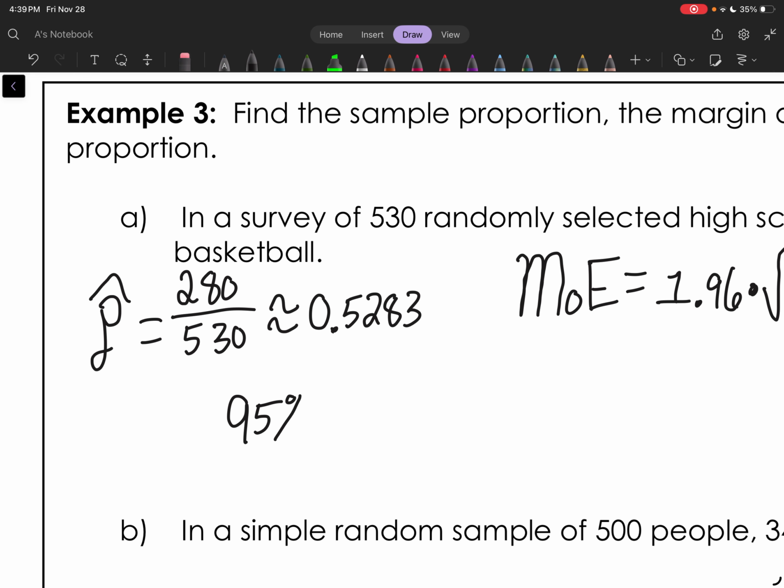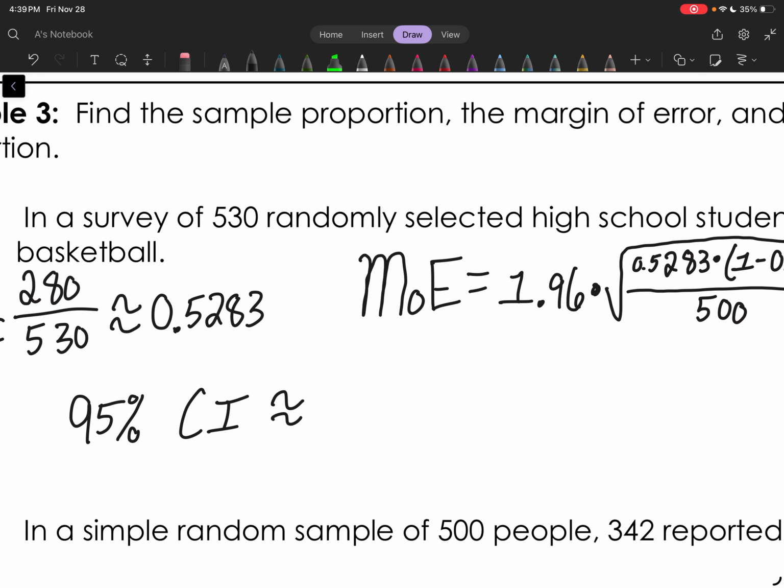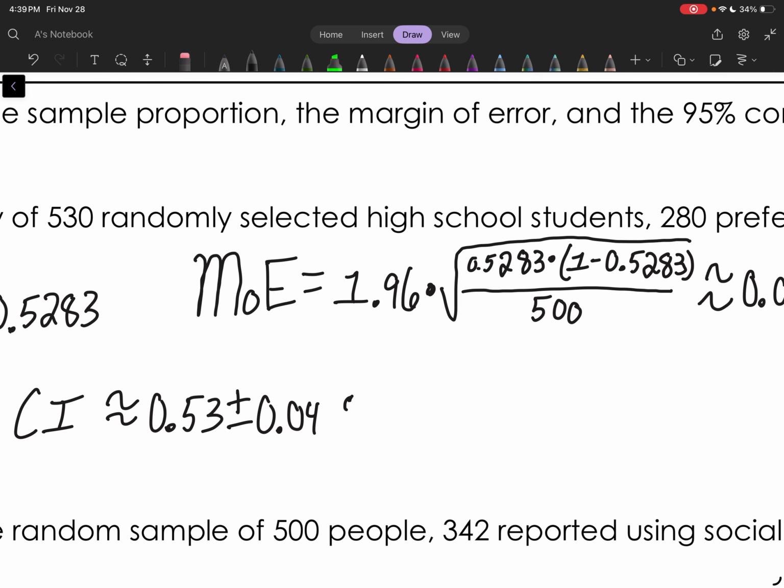Confidence interval. I'm going to round this to 0.53 plus or minus 0.04 just to make this a little bit simpler.